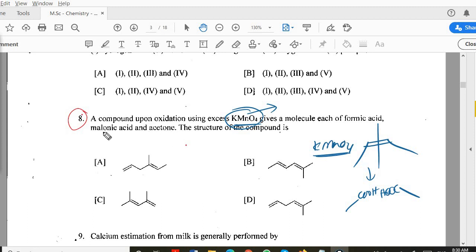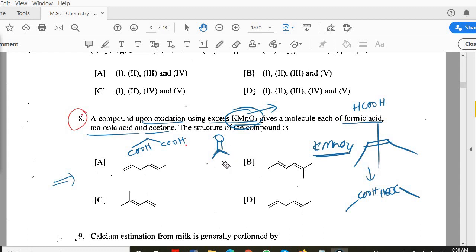So here the question is asking: upon oxidation with excess KMnO4, it's going to form formic acid and malonic acid. Malonic acid is the dicarboxylic acid with 3 carbons, and acetone. These are the components that are derived from the oxidation of one of these compounds.